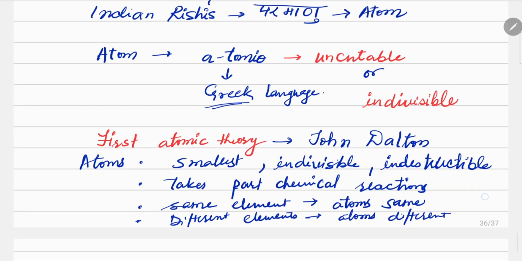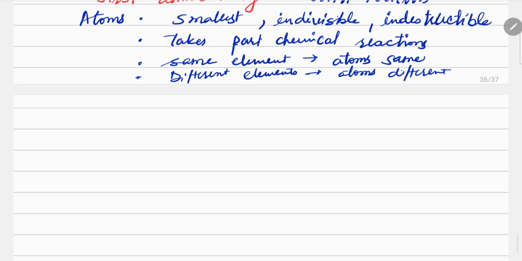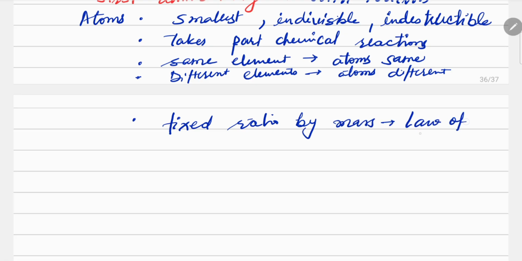Atoms of the same or different elements always combine in a fixed ratio by mass, which is the law of definite proportion. You might remember that whenever a compound is formed, the different atoms are always present in a fixed ratio by mass.